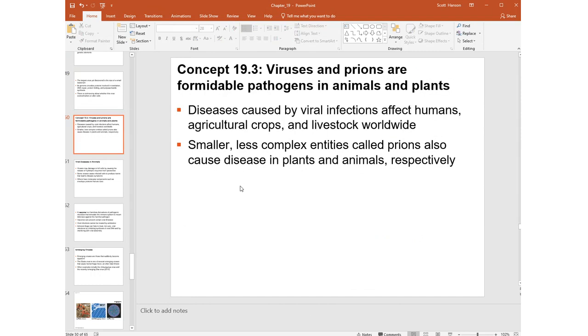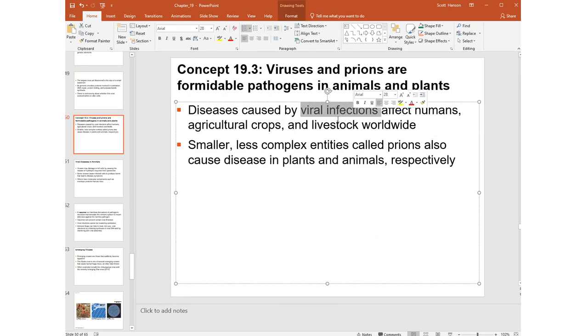So viruses and then prions. Diseases caused by viral infections affect humans, agricultural crops, livestock, and wild animals as well. But there are also things that are smaller than viruses. Smaller, less complex entities called prions also cause disease in plants and animals.